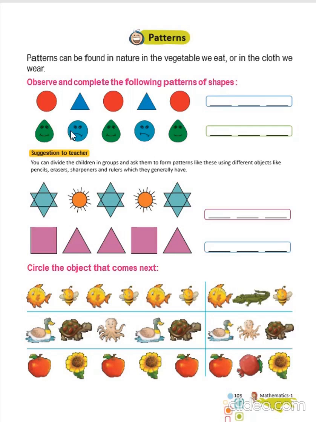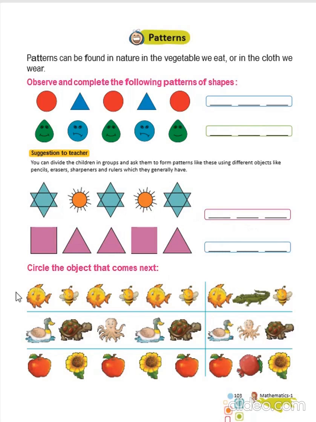Smiley face, sad face, smiley face, sad face, smiley face, then sad face will be there, then smiley and then sad. Now, what we have to do? Again, we have to do the same in this.